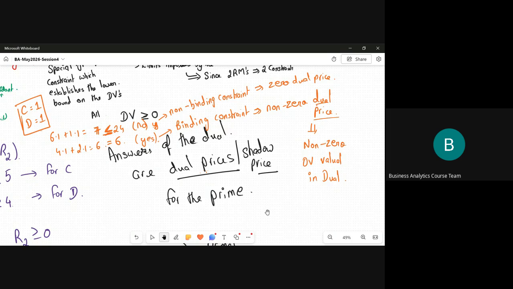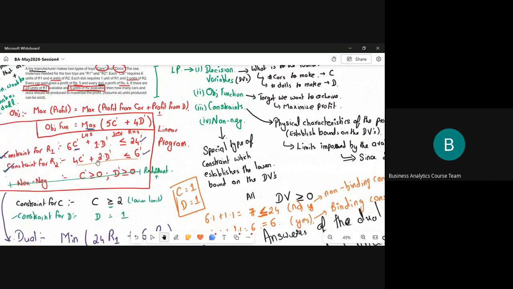So that is why, as a raw material supplier, I will be interested. I can now come and quote a price for you. And if that price matches your dual price, which it should, then you will buy. If I quote more than that, you will not buy, because it does not make sense. Let's say I quote 5 rupees for an R2.